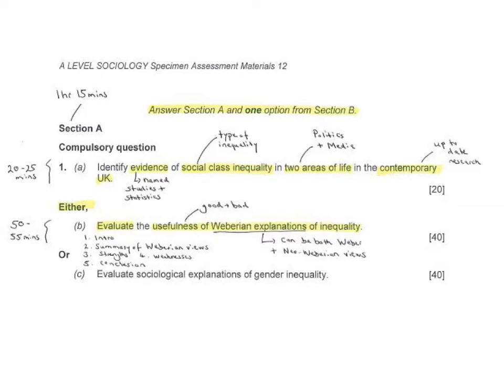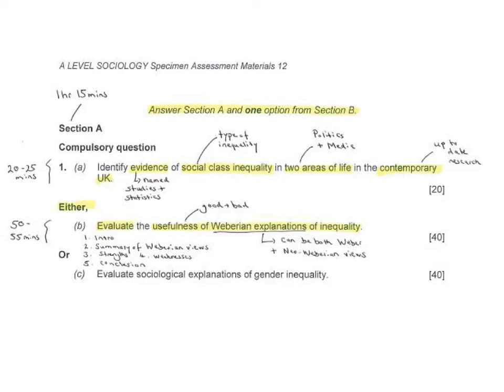So when you're asked to evaluate the usefulness of a theory, you need to look at both the good and the bad points about that particular explanation. And then finally, I need a conclusion as well to round off my answer.